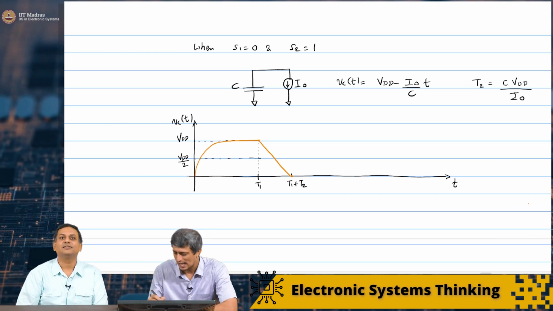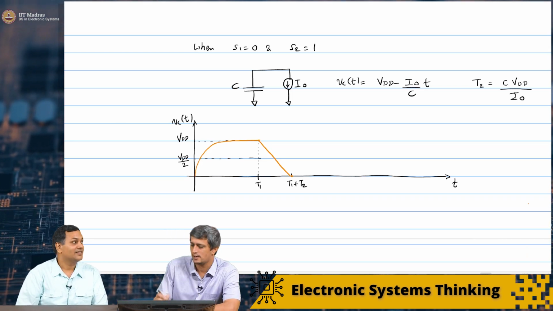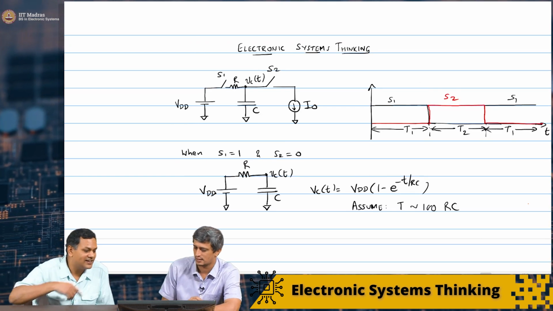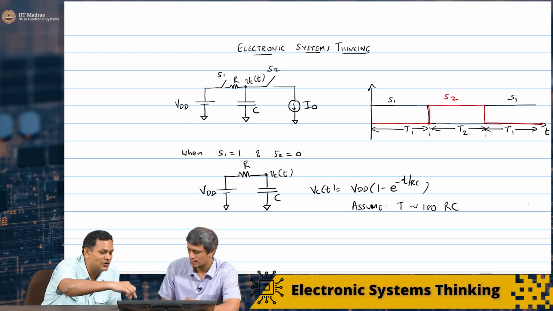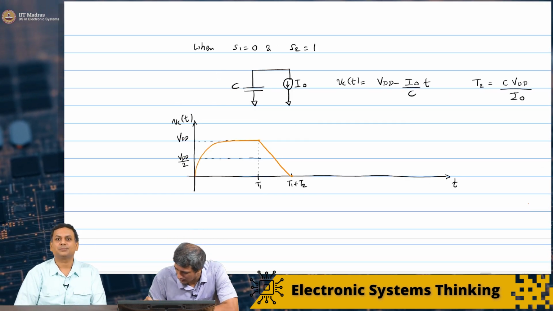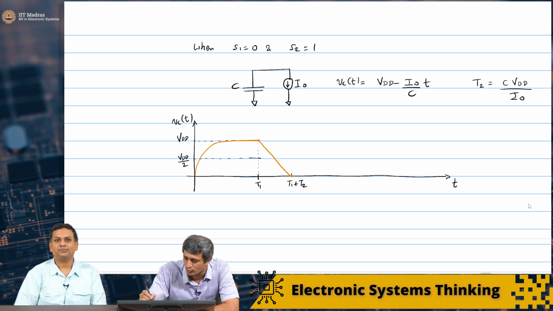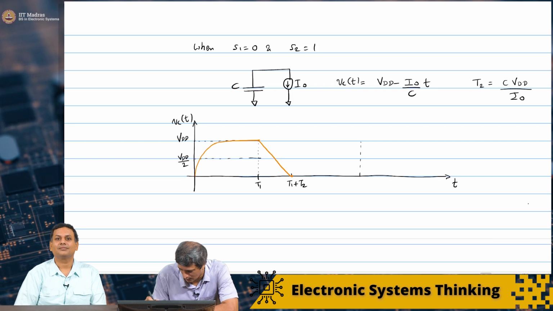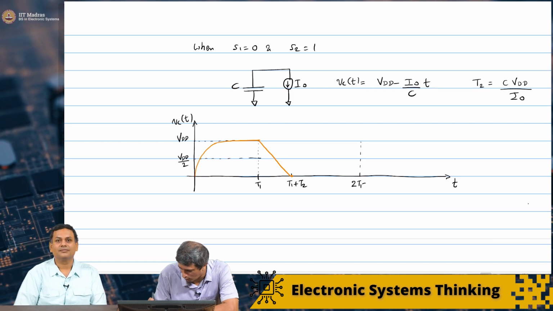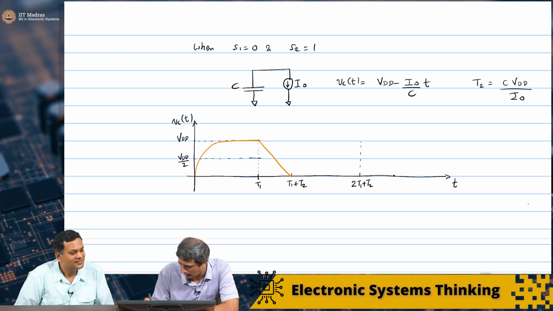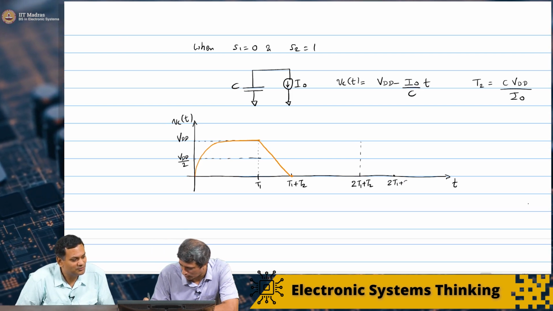And then you are again switching back to essentially this, the third cycle, where S1 is on and S2 is off again. Again this is T1, this is 2T1 plus T2, and you have another point which is 2T1 plus 2T2.